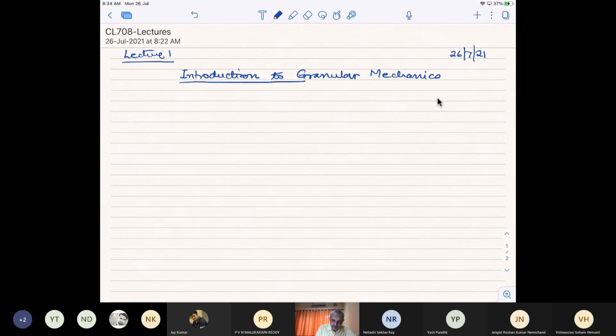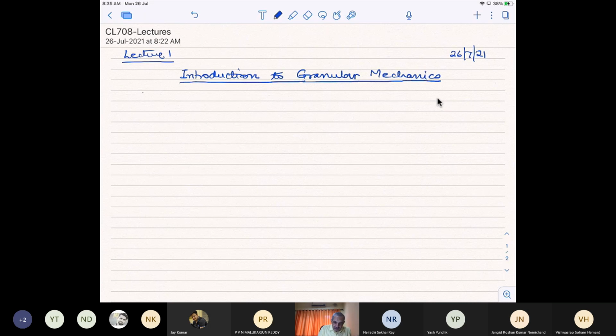And so it's really a course which is related to understanding how particulates or particles flow, and what are the ways of describing the behavior of particulate materials.